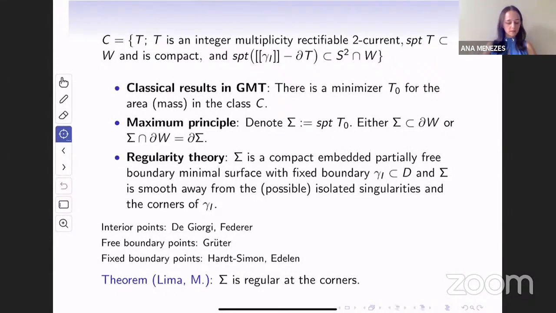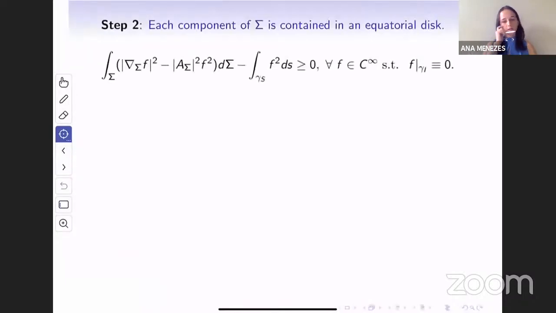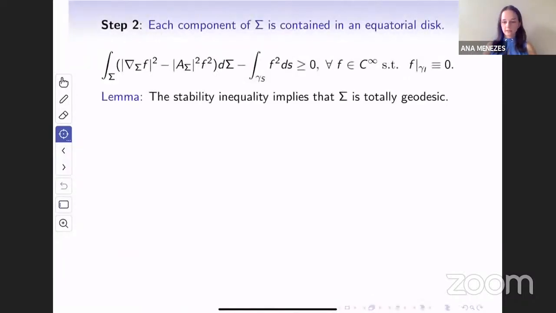So our next step is to show that each component of sigma is contained in an equatorial disk, that could a priori be different from our disk D. To show that, we use that sigma is minimizing, so we can show that it's stable. And then using the stability inequality, we can show that it's actually totally geodesic.